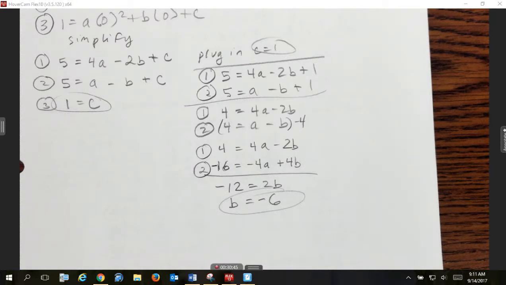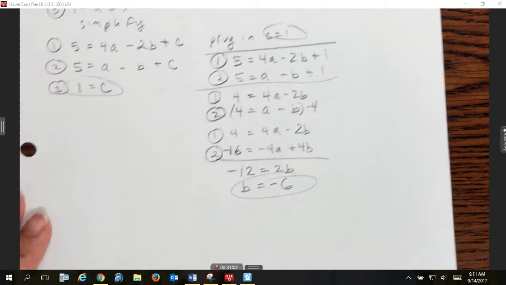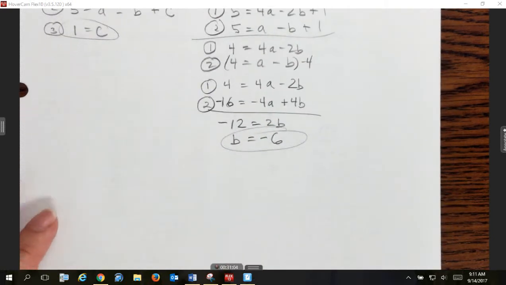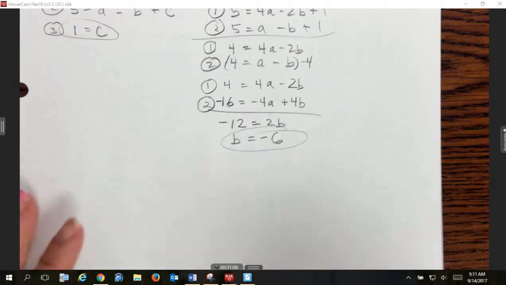So I know C is 1, B is negative 6. What should I do with B equals negative 6, and C equals 1, sorry? Plug it into 1 or 2, yeah. It doesn't really matter, so I'll just use 1.